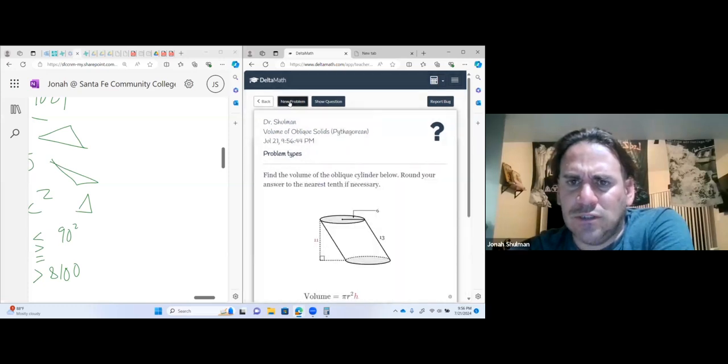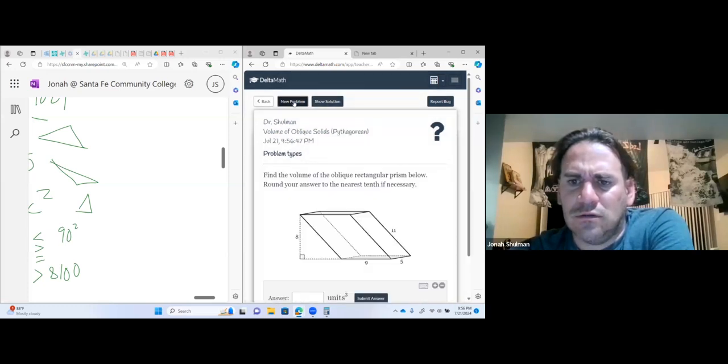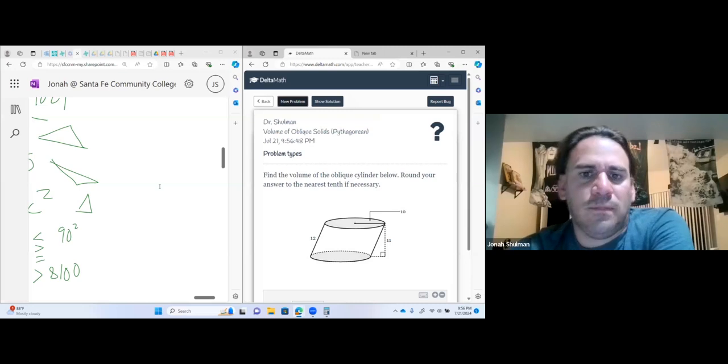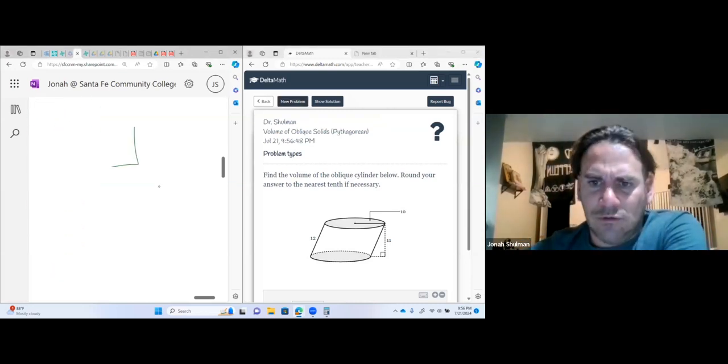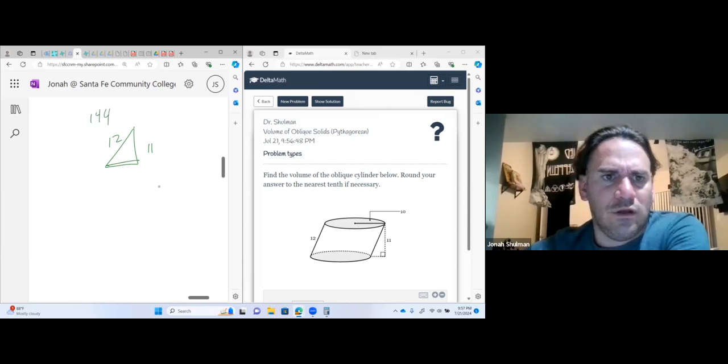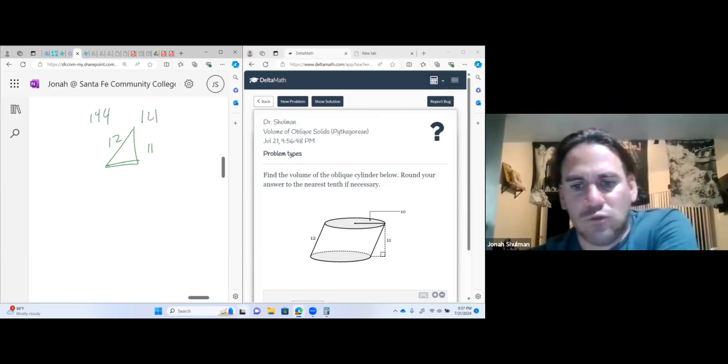I want another crazy one like that. Here we go. Cool. That's what I thought you did. So we have a right angle here. So we know that this is 11, and we know this is 12. So we do need the bottom. So that's 144, 121. We subtract them.